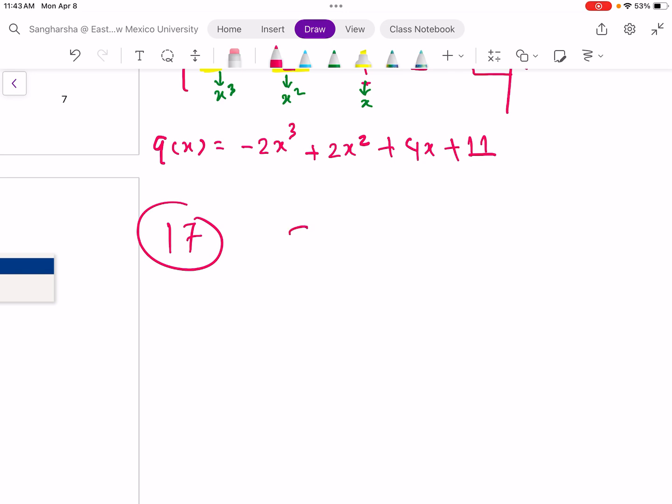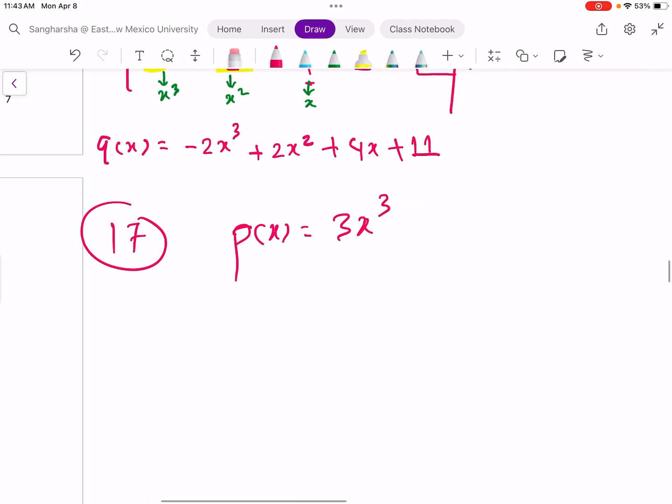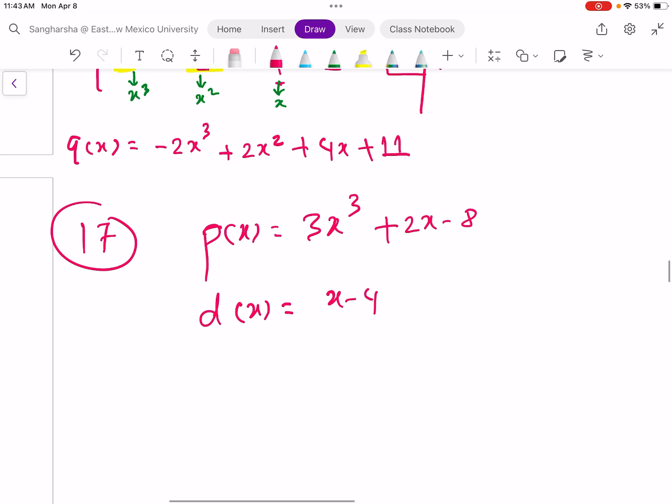So your p of x polynomial is 3x cube plus 2x minus 8, and your divisor d of x is x minus 4. So you divide p of x by d of x using long division as well as synthetic division.